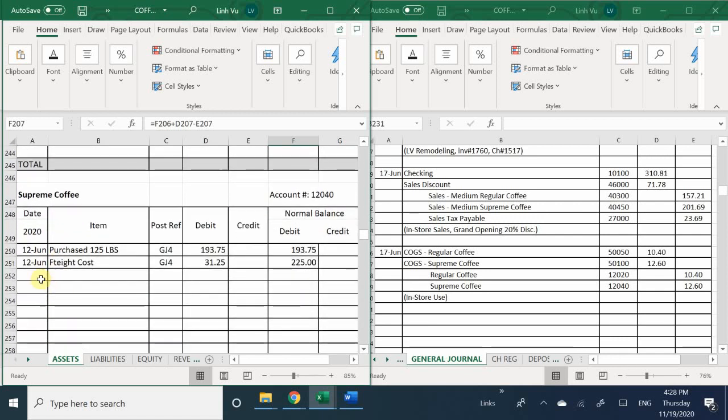So now that I have my 189.60, what is next? So we're going to go down to the next one, which is the Supreme Coffee. And this one we used 7 pounds. 12.60, right? 12.60 was our total, yeah.